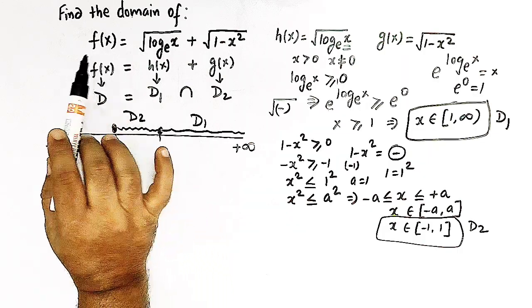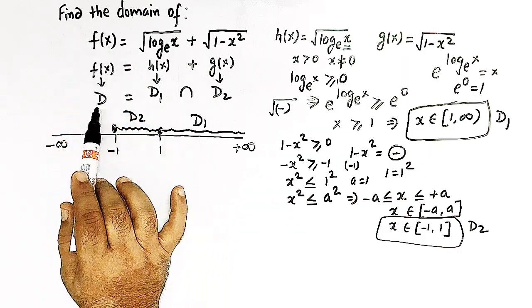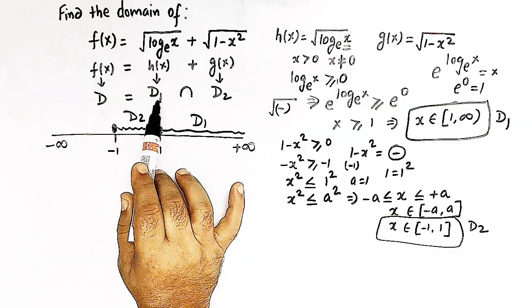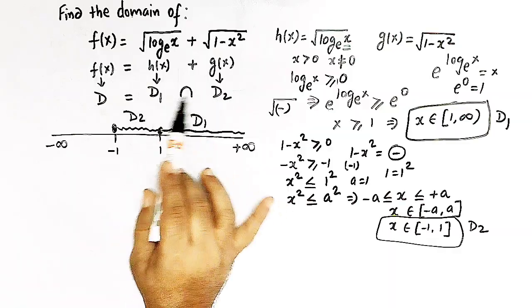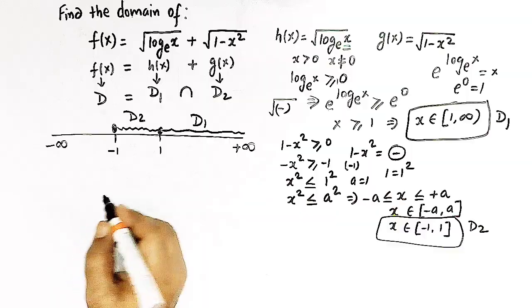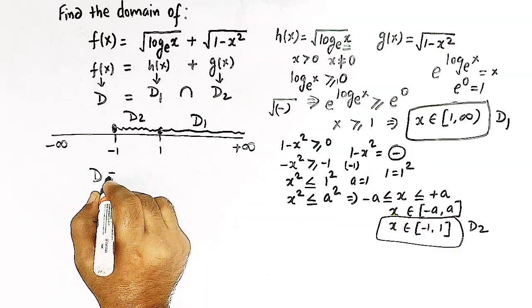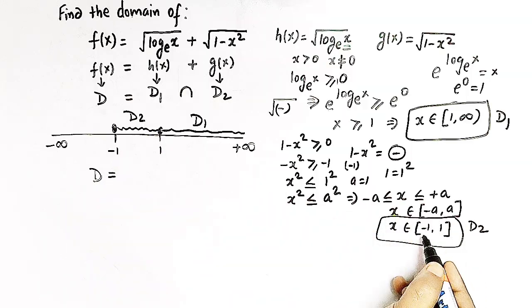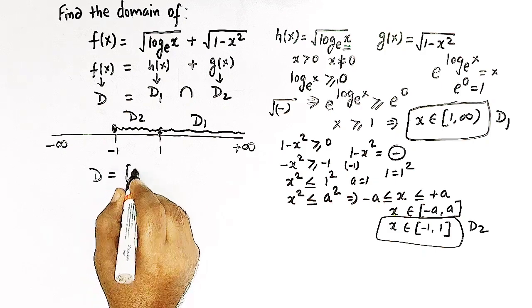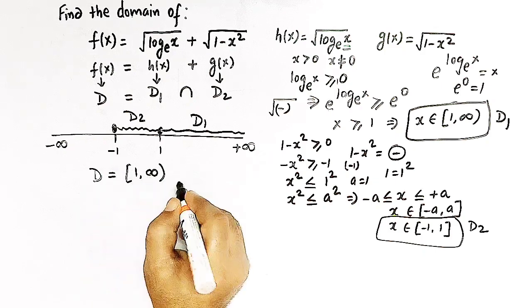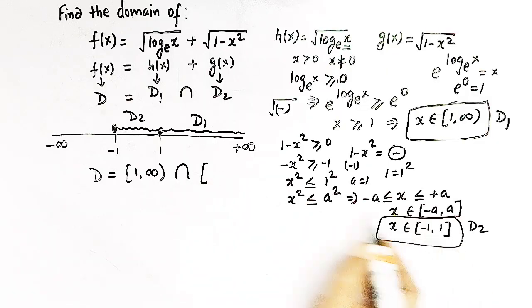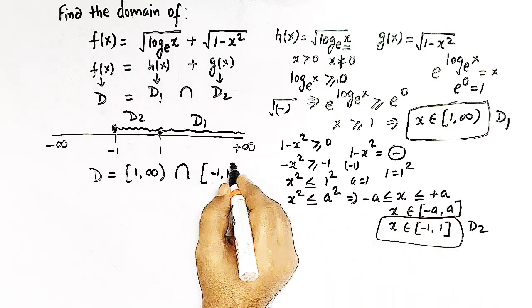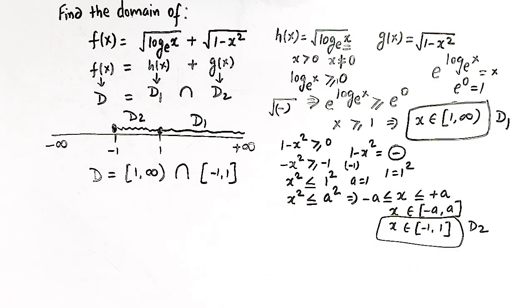Now the domain of this function f of x, which is d, is the intersection of these two domains d1 and d2. So we can write d as d1, which is 1 to infinity, intersection d2, that is minus 1 to 1.